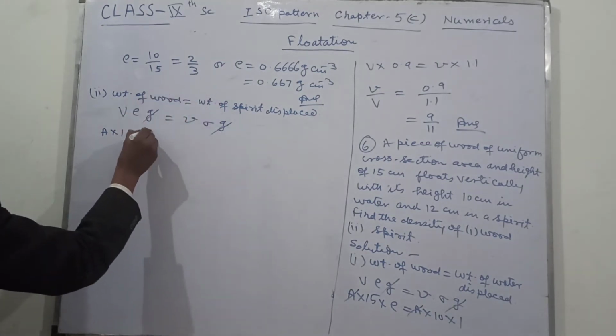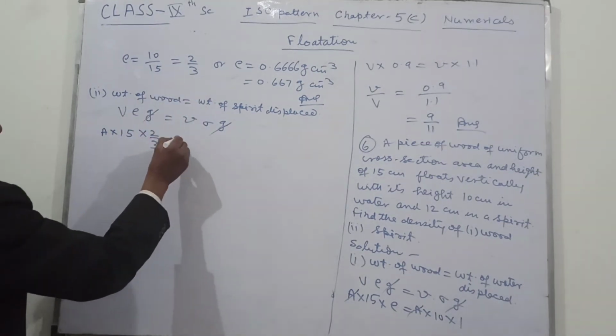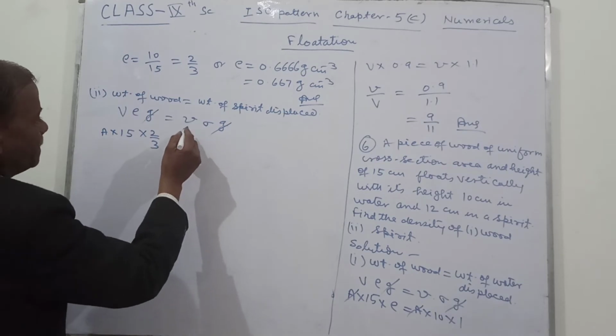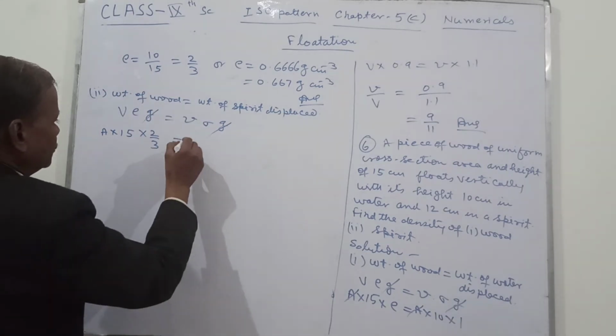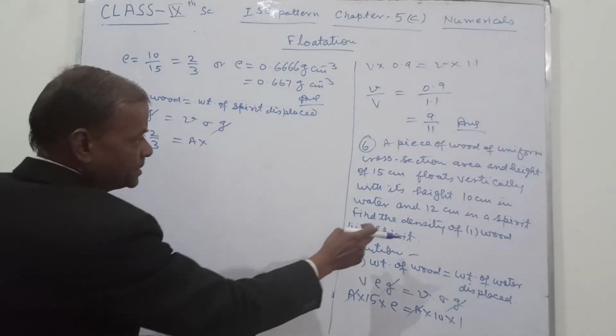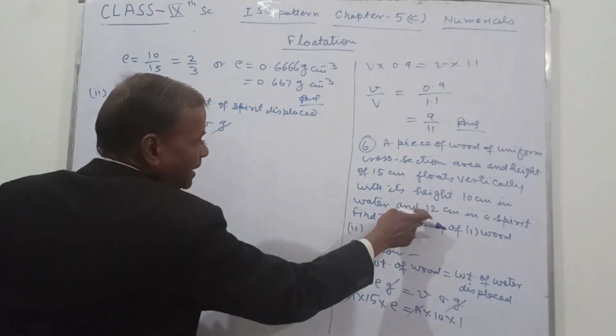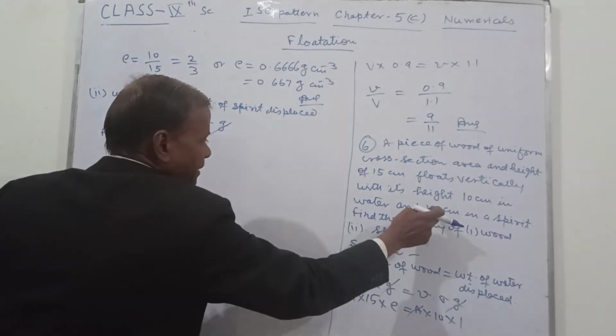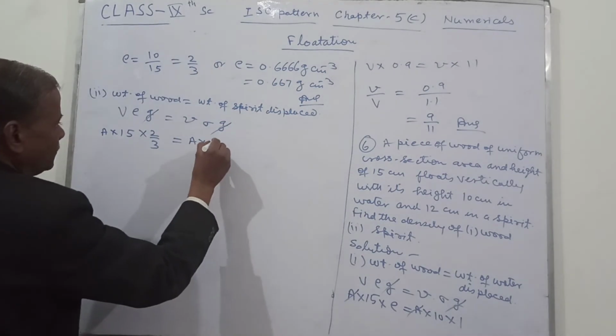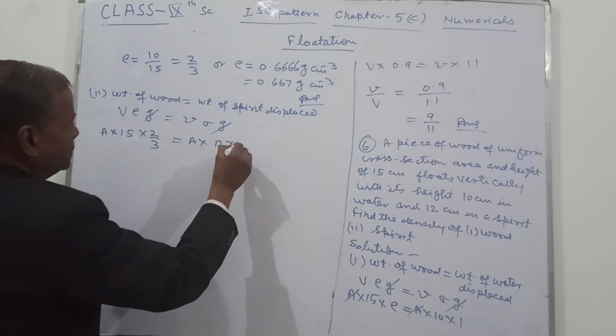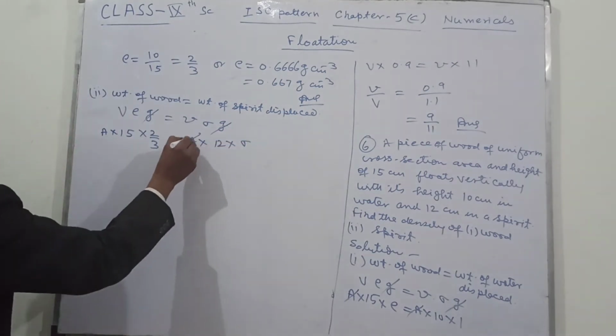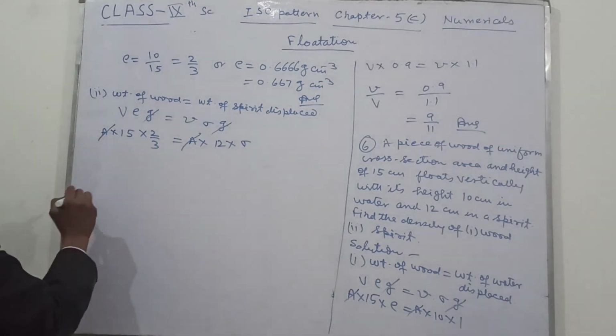This equals A into 12, the height in spirit is 12 centimeter, and sigma you have to find. A and A will cancel.